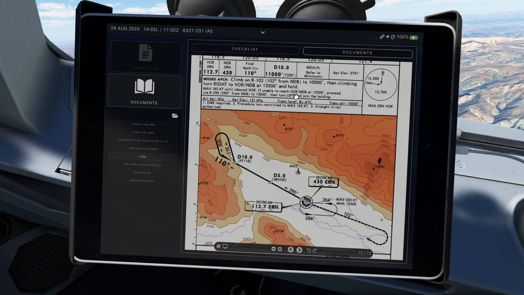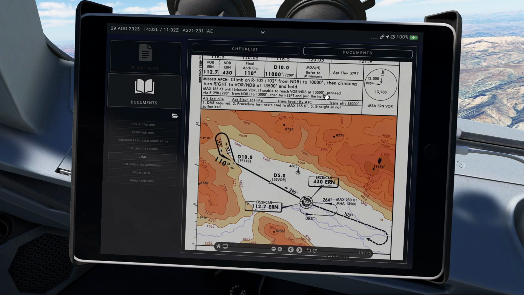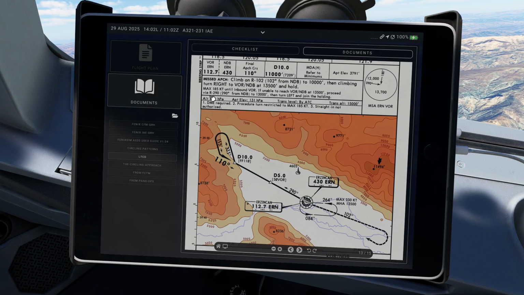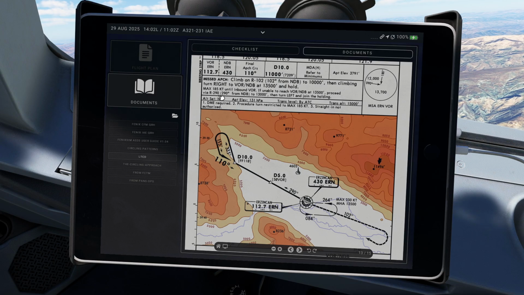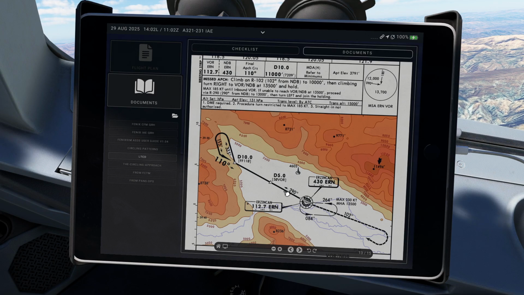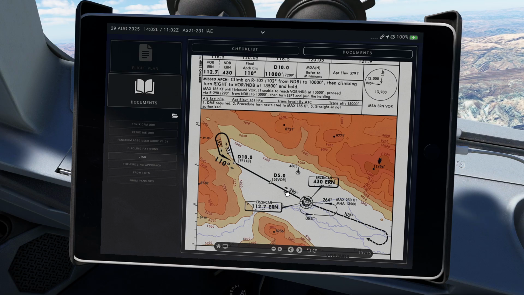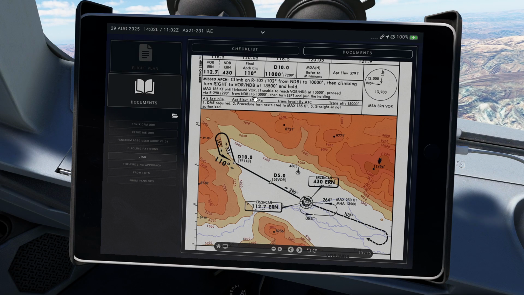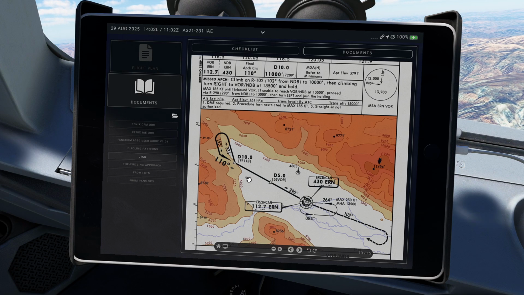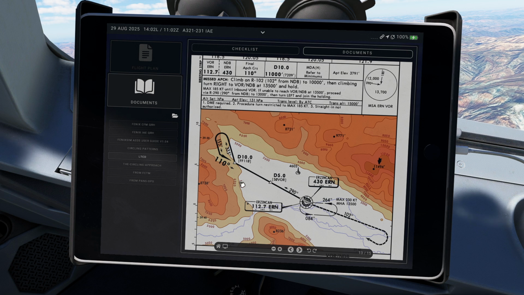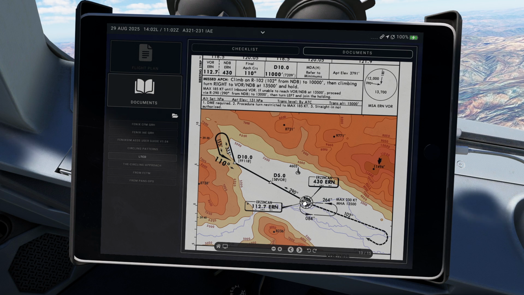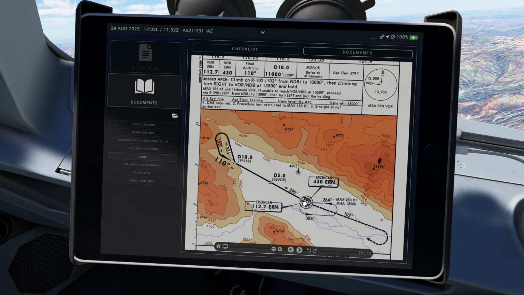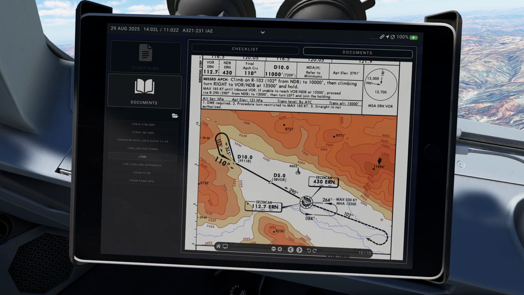If unable to reach VOR NDB at 13,500 feet, proceed via radial 290, which is this radial, or 290 degrees from the NDB to 13,000 feet, then turn left again toward the VOR or NDB and join the holding as published.